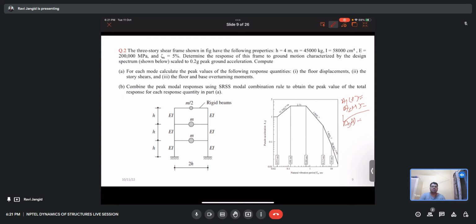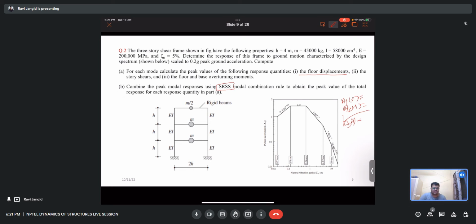After finding A1, A2, A3, you can find your values for the base shear and base moment. But here one extra thing is also asked, the floor displacement. And here the combination of the peaks is done with the SRSS rule, square root of sum of squares.